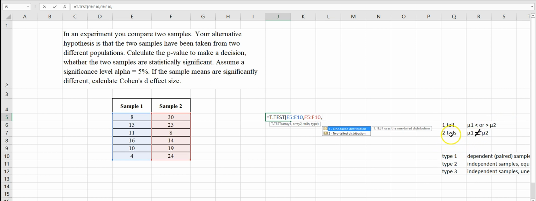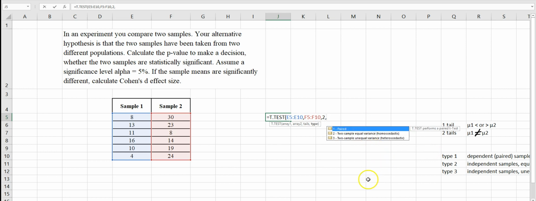A two-tailed test would be that we just simply say, well, we assume that they are different, but we don't know which one is larger and which one is smaller. So my advice would always be to go definitely for the two-tailed test unless you have very good reason to use a one-tailed test. So that is what we are going to do here. So we use a two-tailed test.